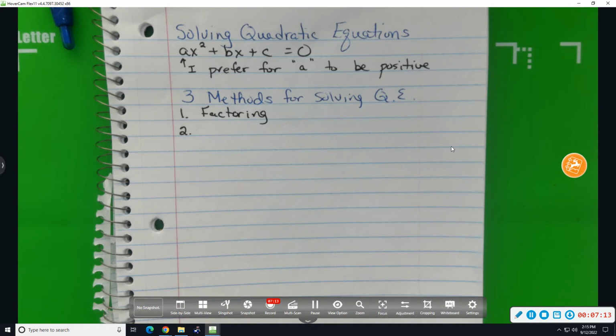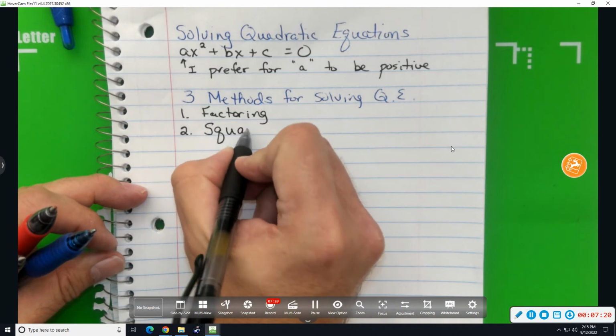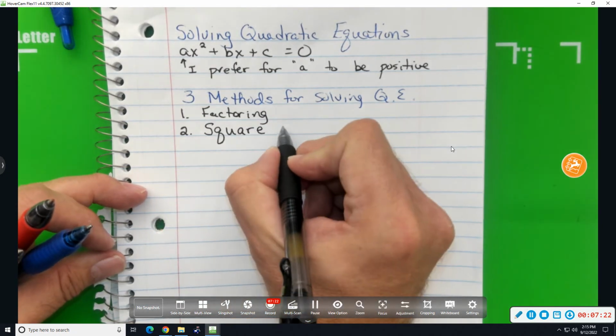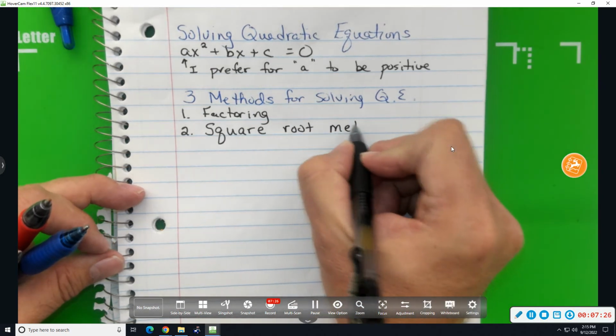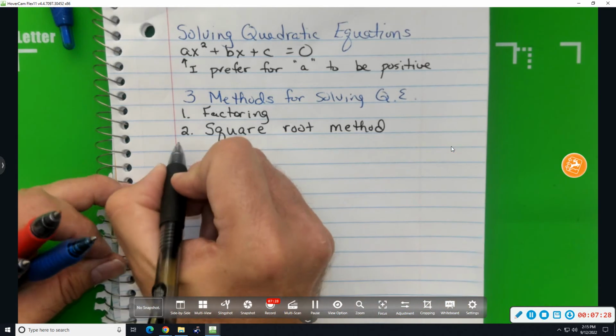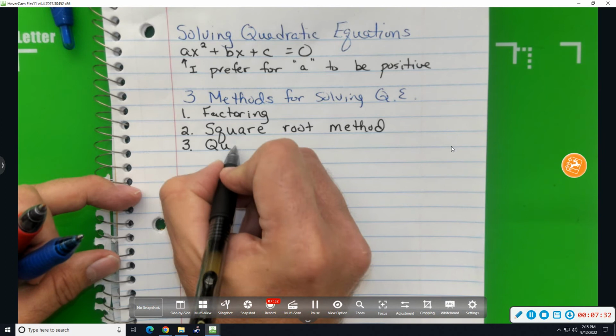The second method is the square root method. But that's good, I need to pay more attention to my writing. And the third method we'll see today is called the quadratic formula.